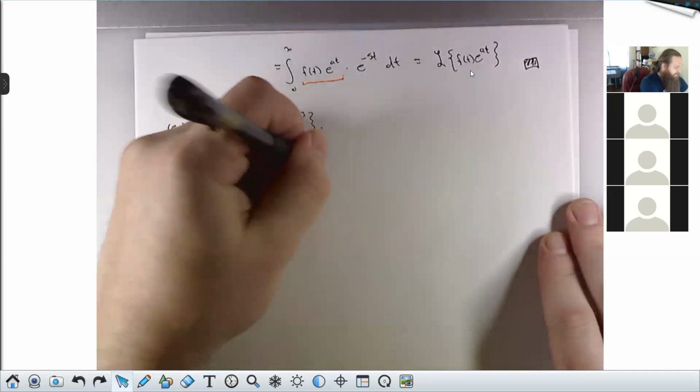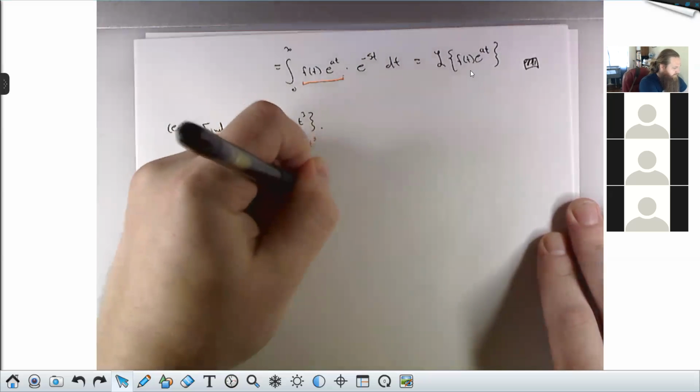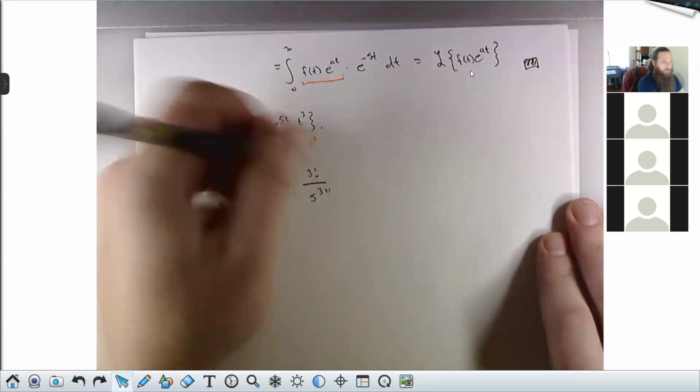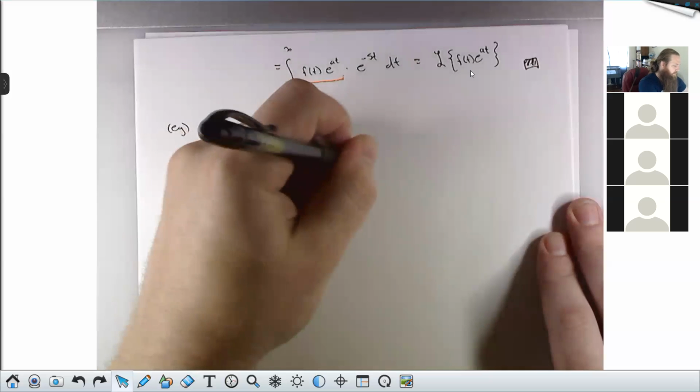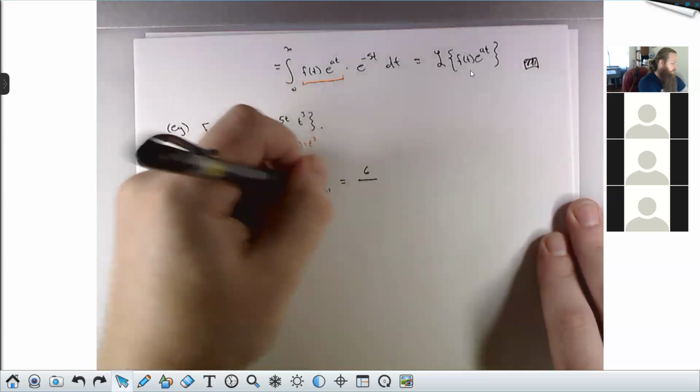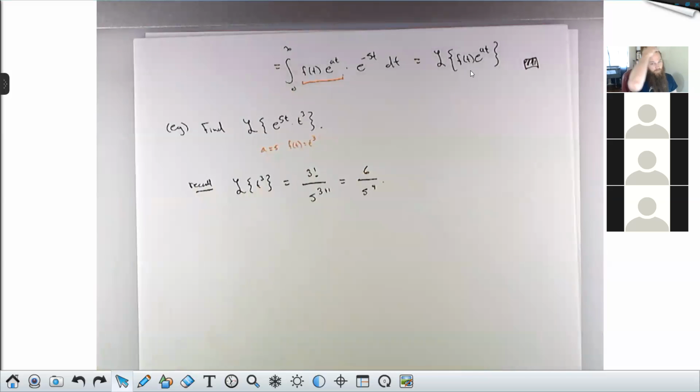So this is going to be 3 factorial over s to the 3 plus 1. 3 factorial is 3 times 2 times 1, that's 6, over s to the 3 plus 1, which is s to the 4. So if it was just t cubed that I was transforming, I would get 6 over s to the 4.